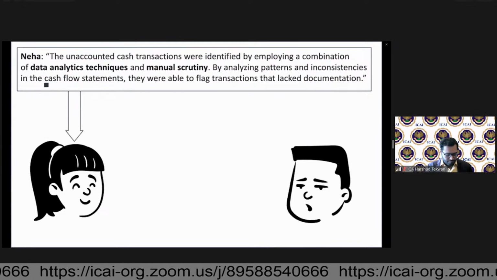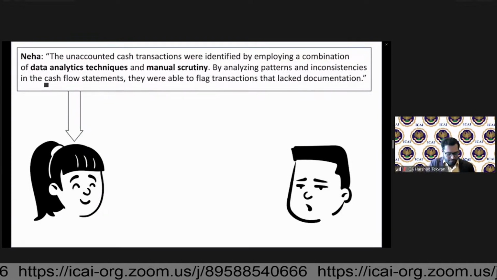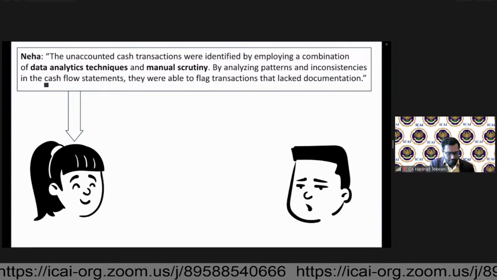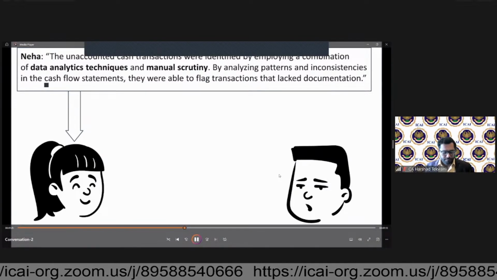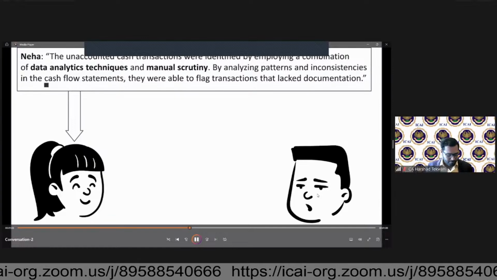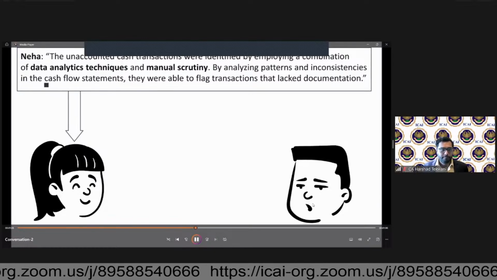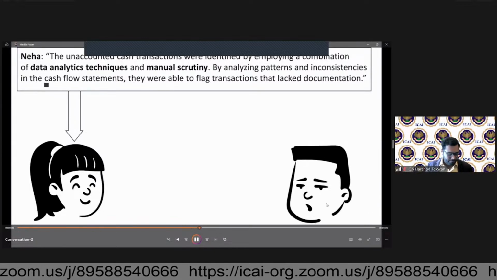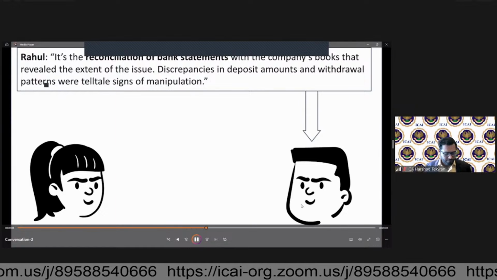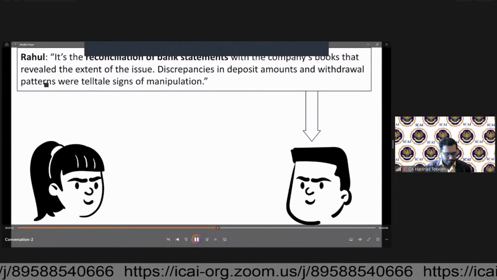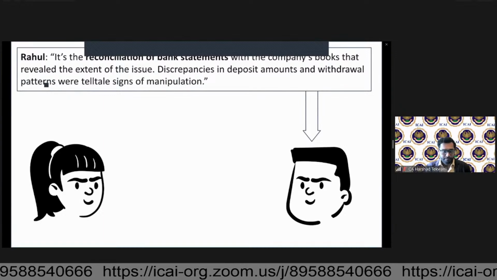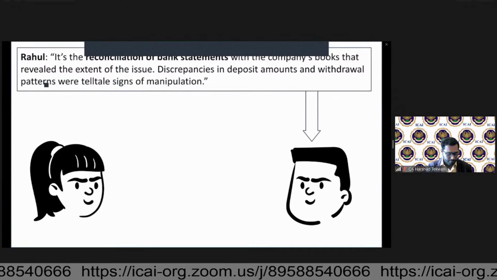The unaccounted cash transactions were identified by employing a combination of data analytics techniques and manual scrutiny. By analyzing patterns and inconsistencies in the cash flow statements, they were able to flag transactions that lacked documentation. It's the reconciliation of bank statements with the company's books that revealed the extent of the issue. Discrepancies in deposit amounts and withdrawal patterns were telltale signs of manipulation.